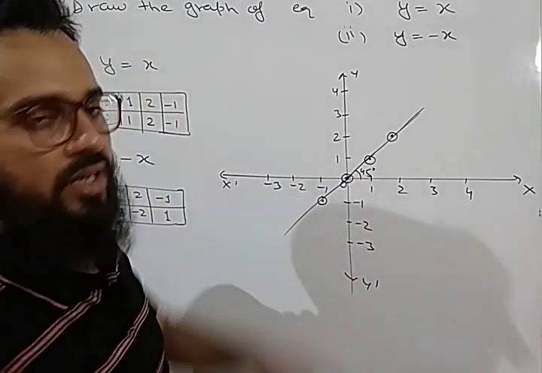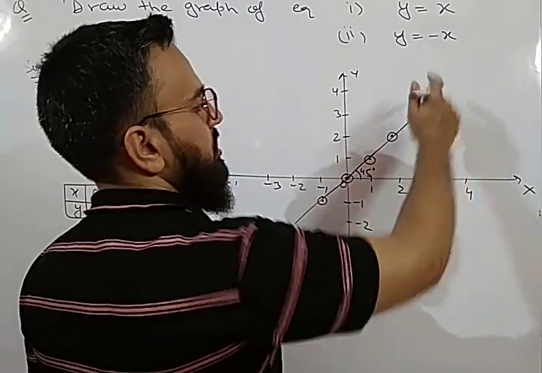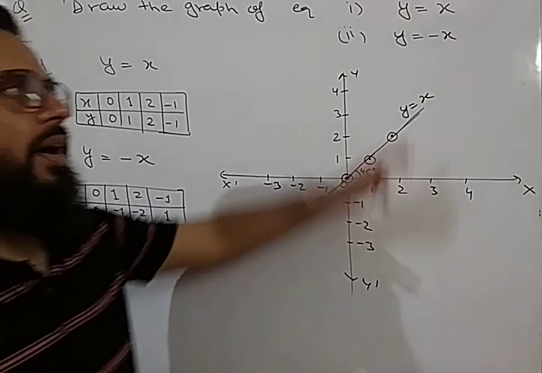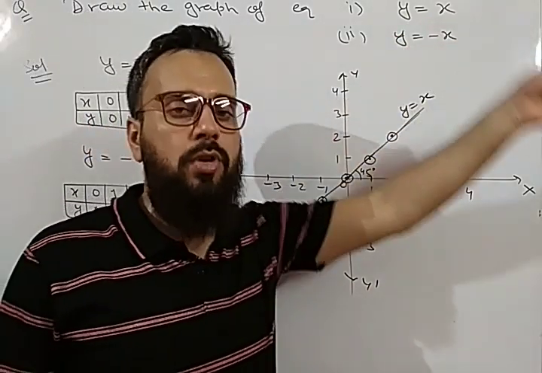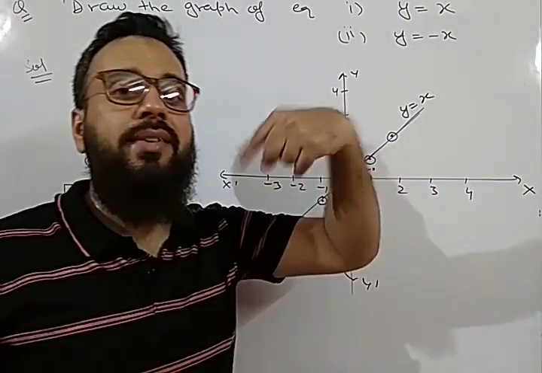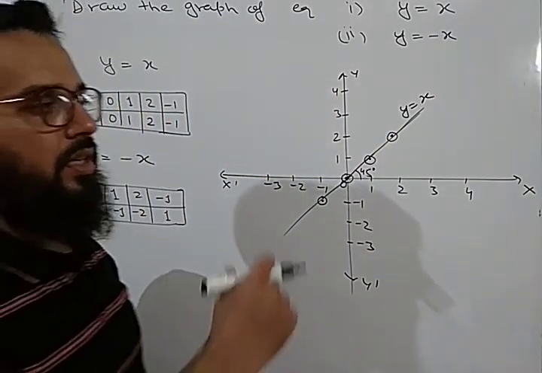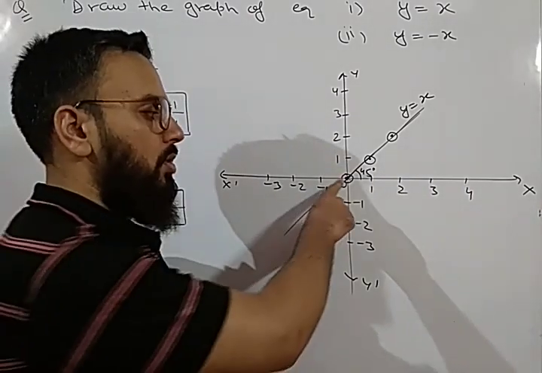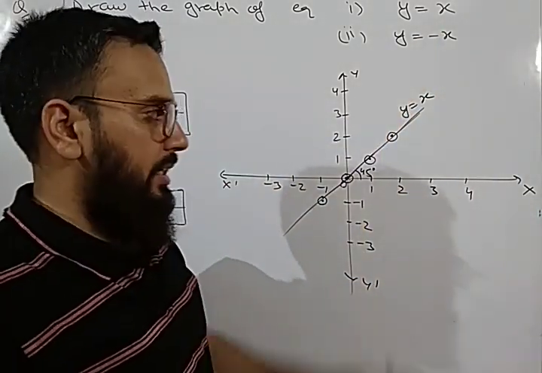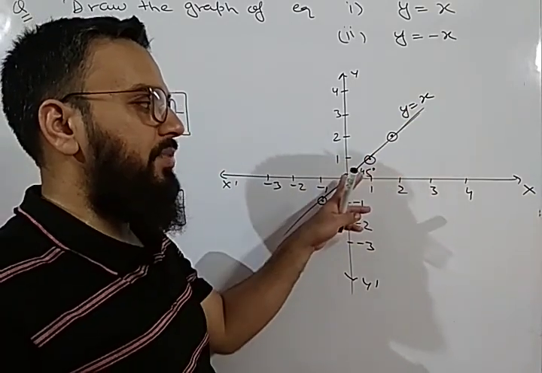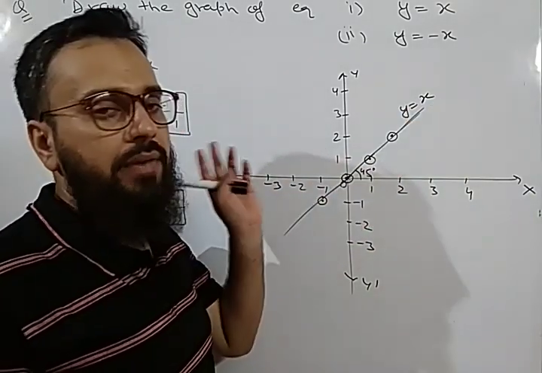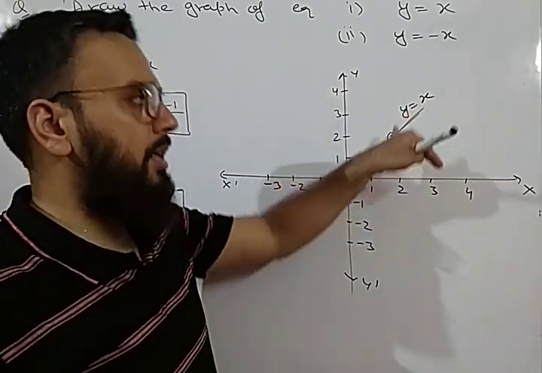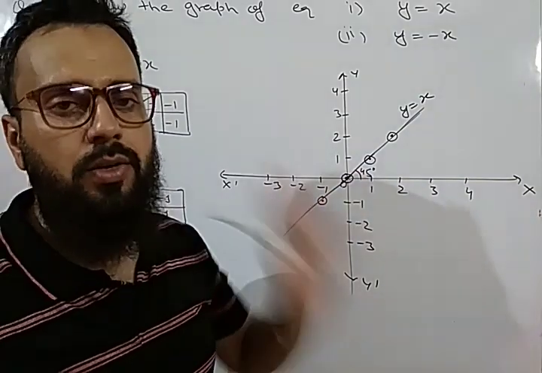If you are given y equal to 2x, y equal to 3x, y equal to 4x, with no constant term, just the relation between y and x, then that line will always pass through the origin and be a straight line. If it is y equal to x, the angle is 45 degrees. If it is y equal to 2x, the angle will change, but the line will be a straight line passing through the origin.